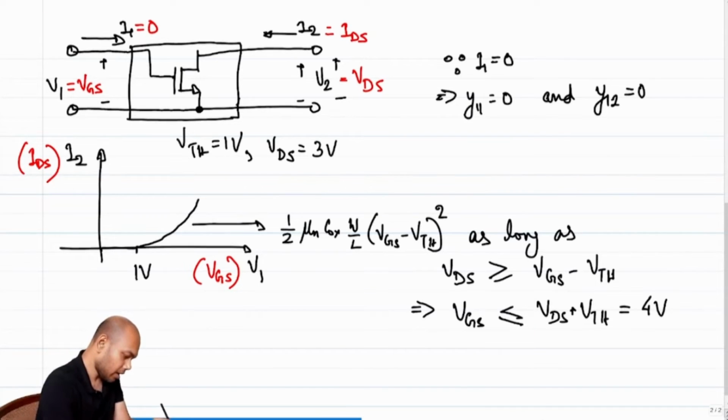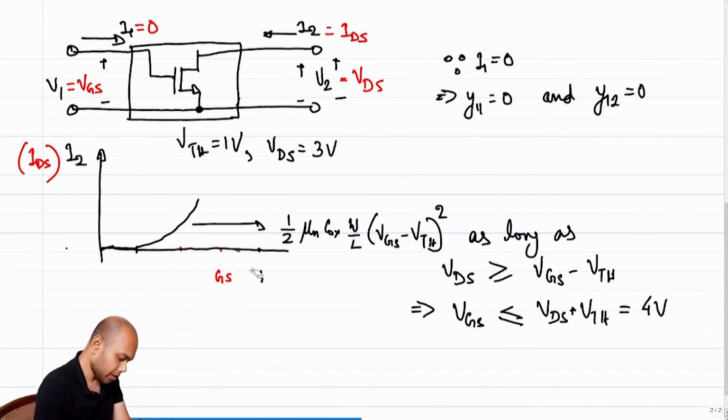So if I mark off, like if this is 1, this is 2, this is 3, this is 4, right? If I mark off 4 volt here, so this parabola, let me remark them, otherwise I will run out of space. So let's say this is 1 volt, this is 2 volt, this is 3 volt, this is 4 volt, right?